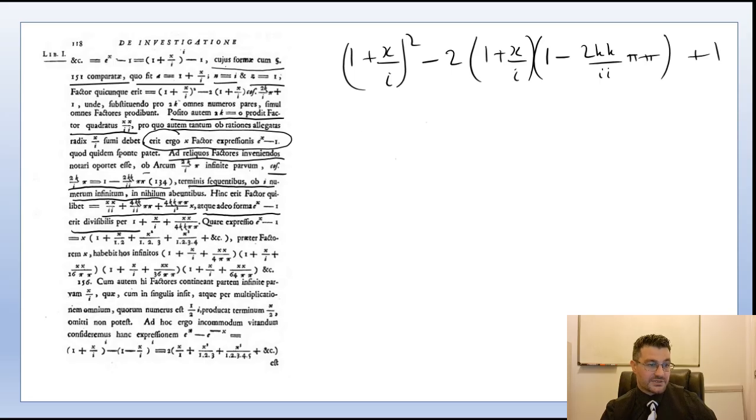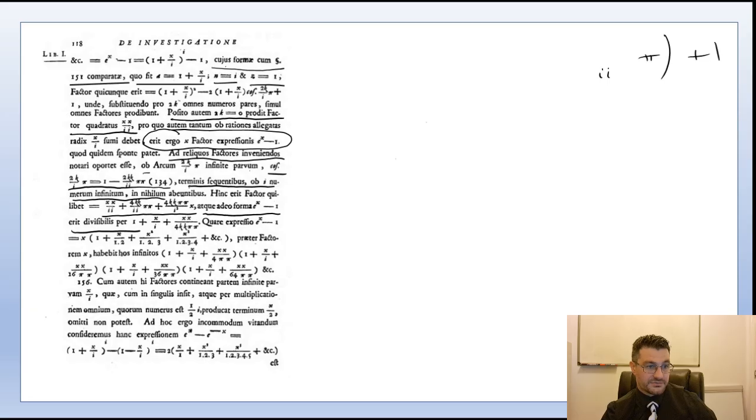and he gives a factorization for our expression. So in particular, we've got this 1 plus x over 1 times 2 plus x squared over 1 times 2 times 3 plus and so on.